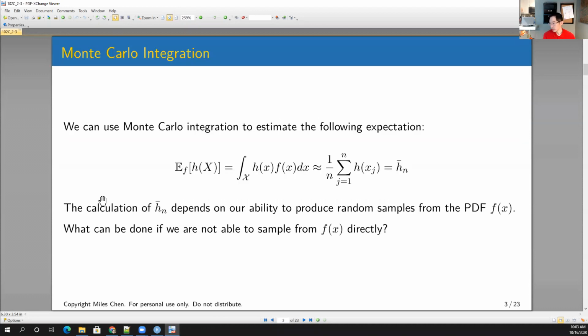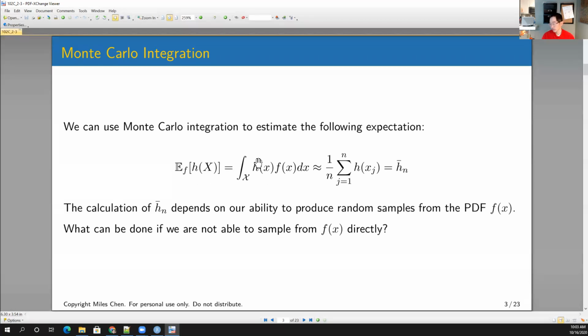Before we get into importance sampling, regular old Monte Carlo integration looks like this. We want to find the expected value of this function h applied to a random variable x, where x is generated by this PDF f.